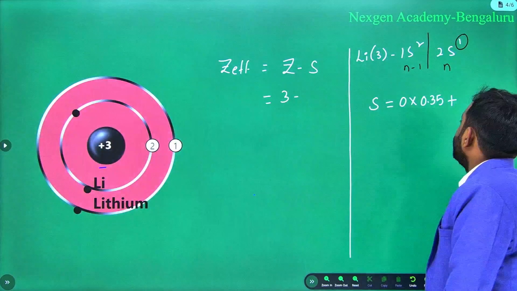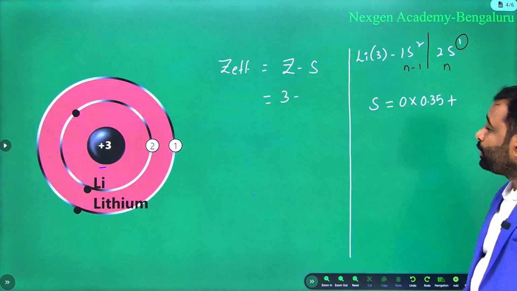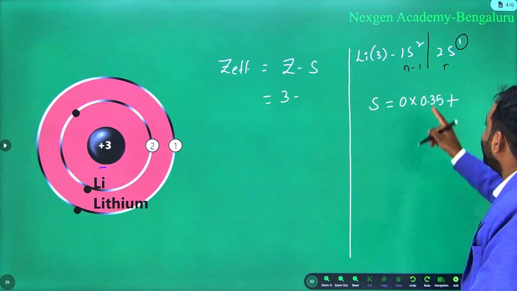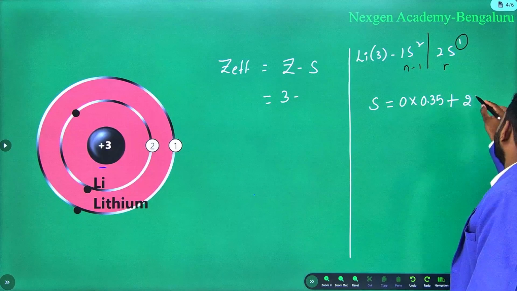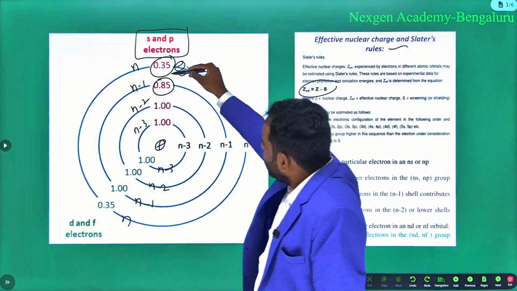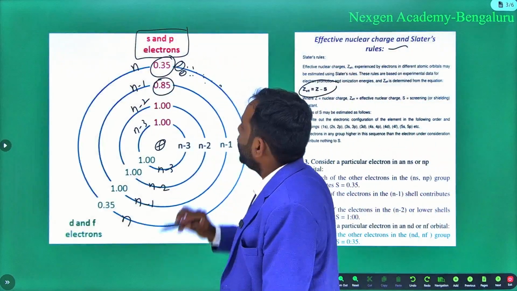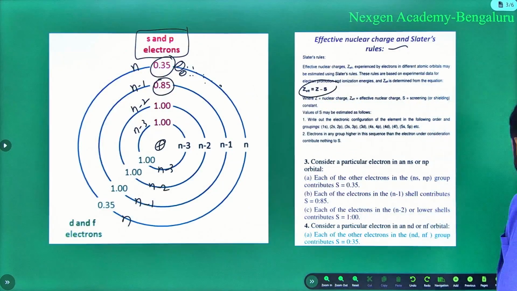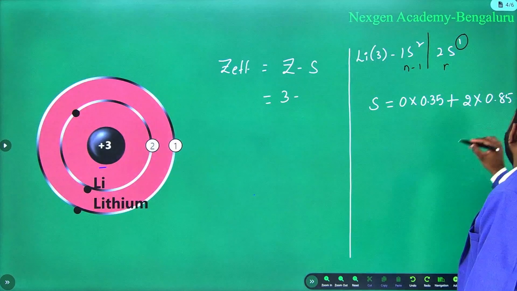Next, the inner shell n minus 1. What is the n minus 1 shell? That is the 1s orbital, right? How many electrons are there in that? 2 electrons are there. And you are calculating for an s electron. What is the value for an n minus 1 electron? 0.85. That's why, as there are 2 electrons, 2 into 0.85, write it.